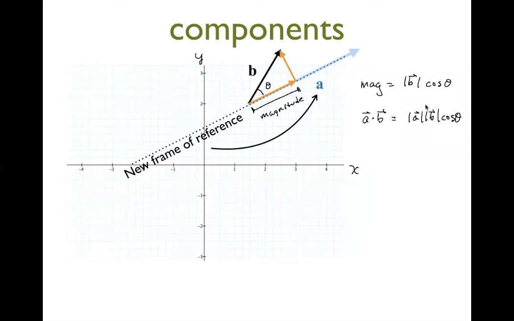So look, right here, this part of that is the magnitude of that parallel component. So what's another way we could write that magnitude then? A dot B divided by what? Magnitude of A.